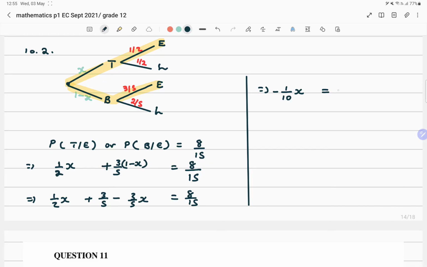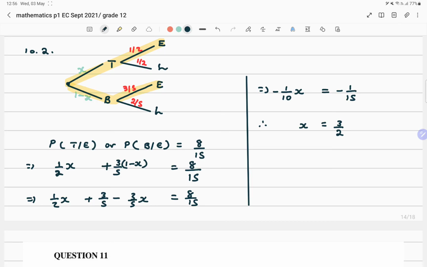So you've got calculators, so this is minus 1 over 15. And therefore, you know that you divide by minus 1 over 10. Your final answer, so it gives us a 3 over 2.